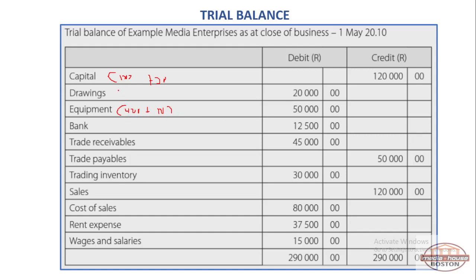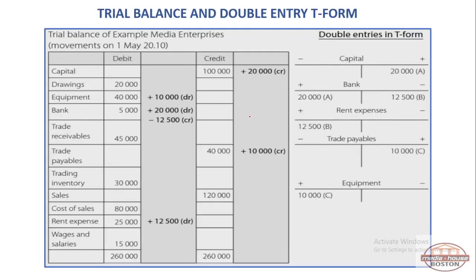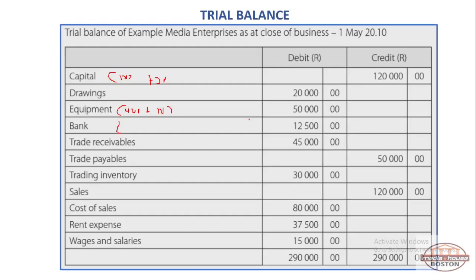And this will also be adjusted in our bank account. Say our bank account previously, we had a bank account of 5,000. So we're gonna come and say minus the amount of cash that we paid for that equipment, then plus any amount that we actually get to receive.